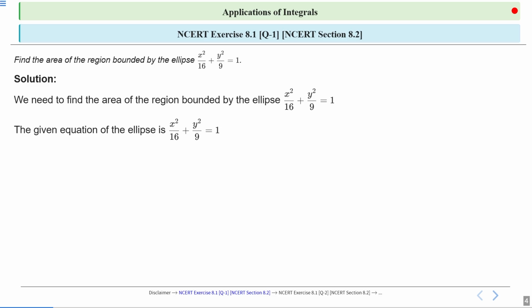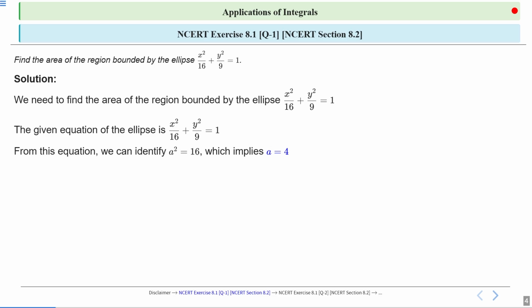So the given equation of the ellipse is x square by 16 plus y square by 9 is equal to 1. Okay, so from this equation we can identify a square is equal to 16. Just compare it with the equation x square by a square plus y square by b square is equal to 1. We get a square is equal to 16, which implies a is equal to plus minus 4.